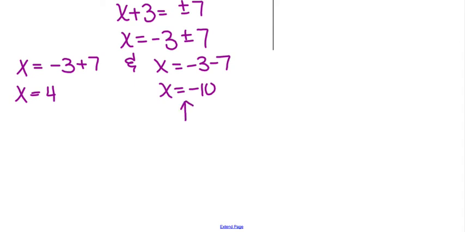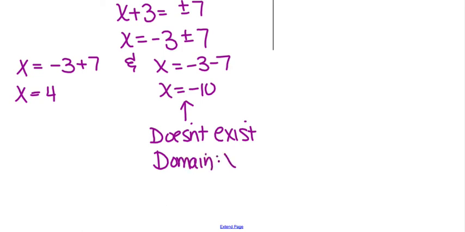This one will not exist because it has to have a number greater than 0, a positive number. This one doesn't exist because the domain has to be the x values greater than 0. So we only have one solution. All right, we're almost done with this. We're going to go on to the next problem.